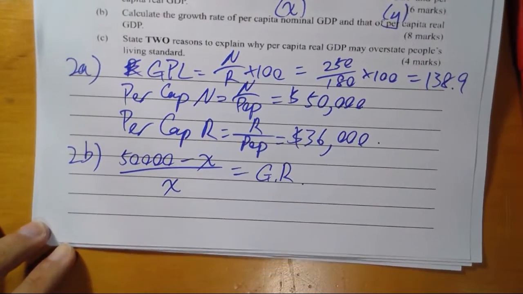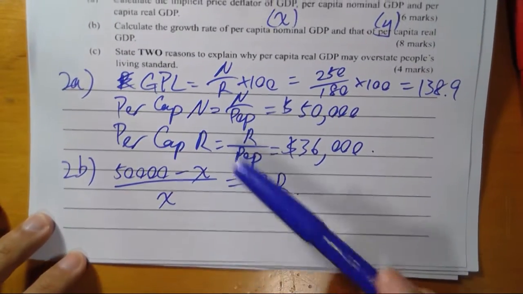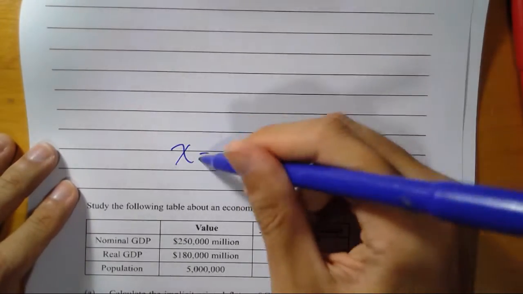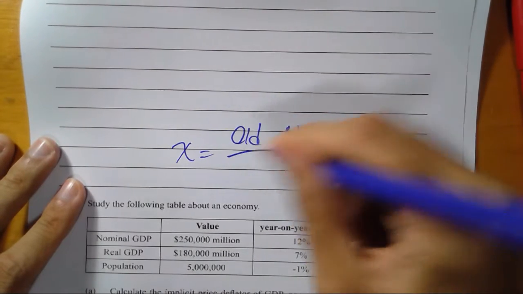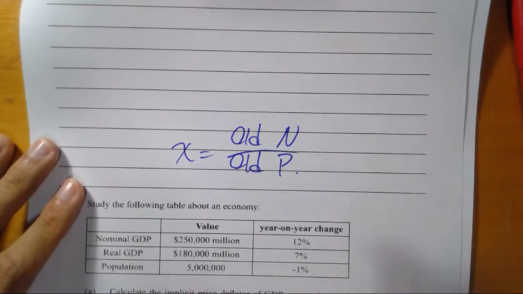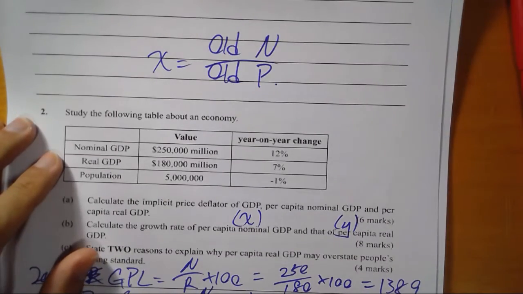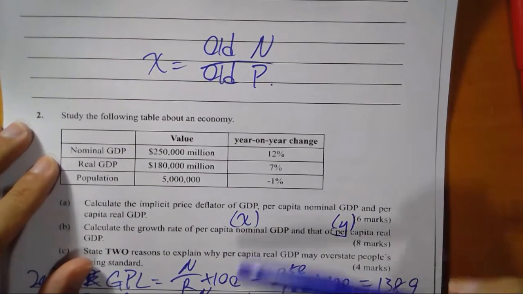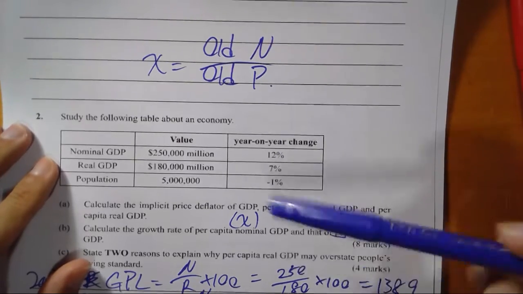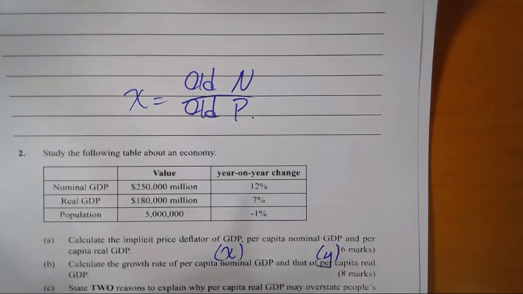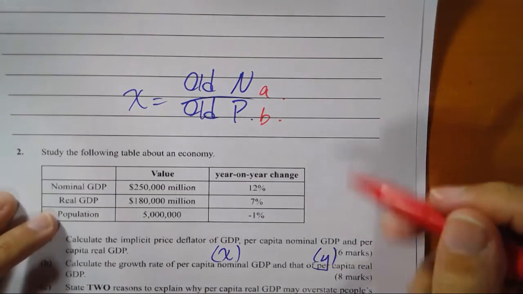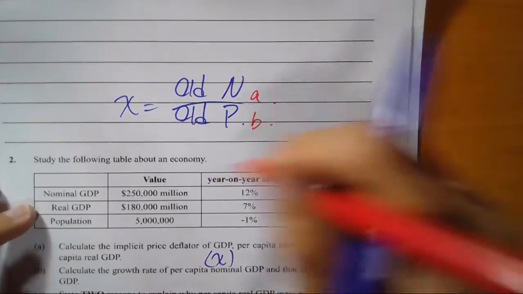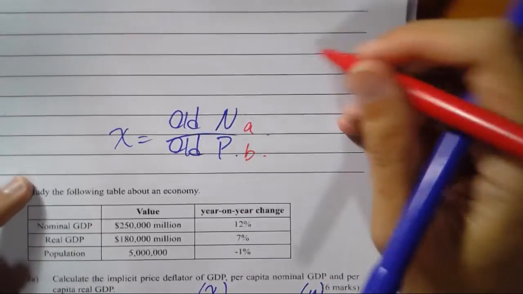Now the problem is how do we get X? Let's divert a little bit. X 係點計㗎？X should be the old nominal divided by the old population. How do we get these two? In fact, you can have this. Let's call this A and B, 好嘛，我哋叫佢做 A 同 B 啦.